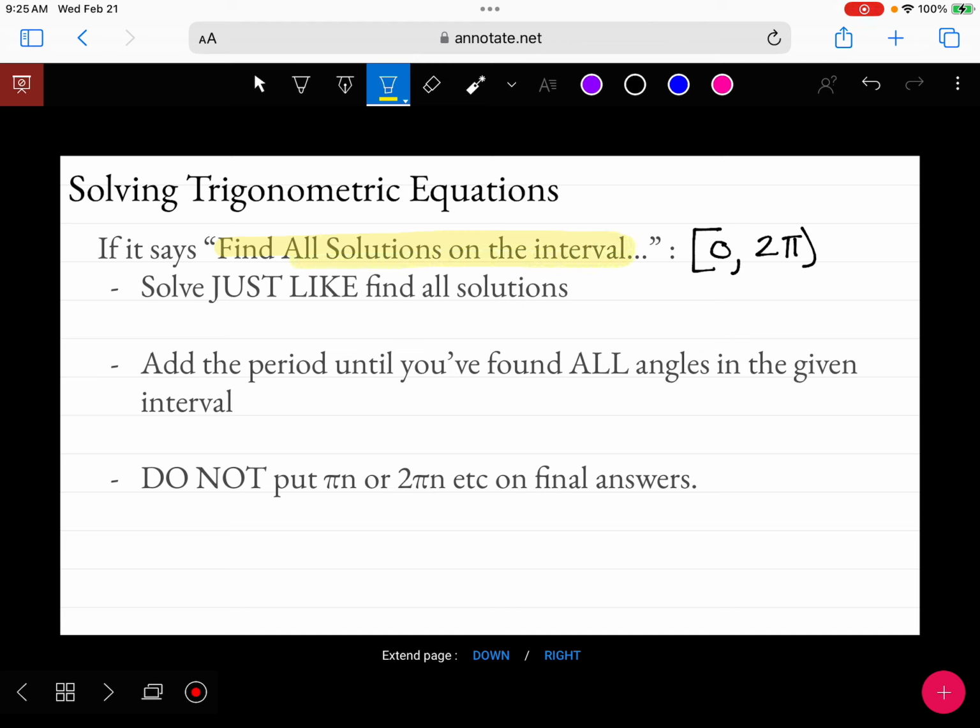So we're finding all solutions on the interval. Okay, so we're going to treat them exactly the same way. We're still going to find those rotations. We're still going to calculate it and do it with our pi n or 2 pi n.